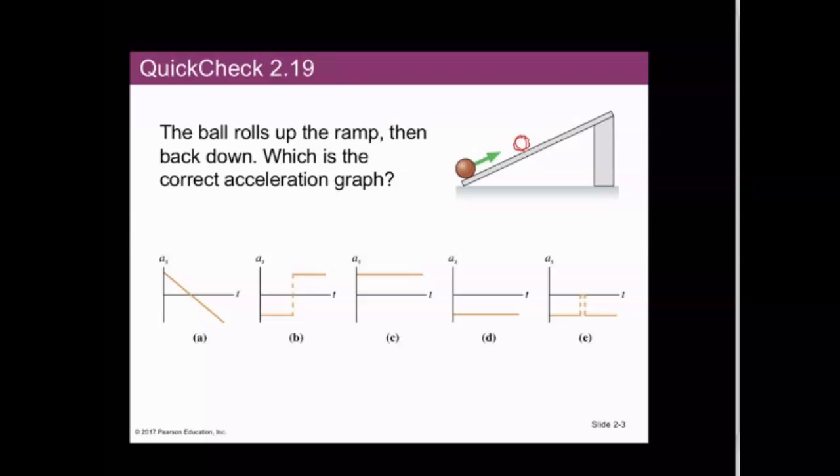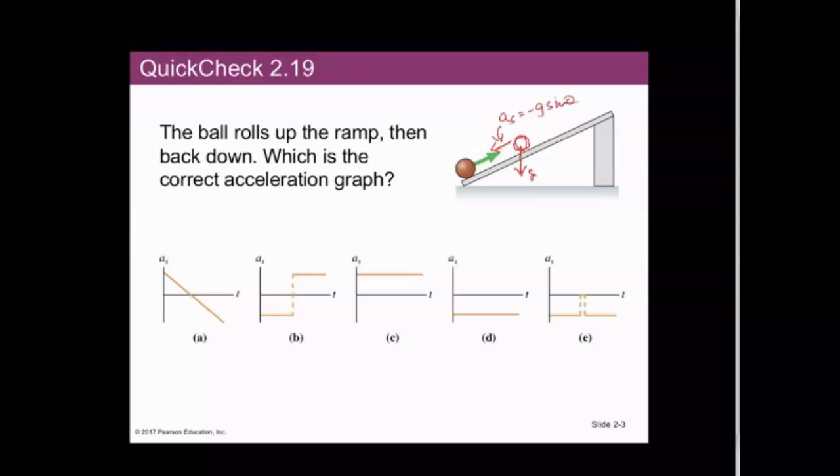the ball feels an acceleration due to gravity, equal to g pointing vertically downward, and has a component that is pointing down the incline, and this acceleration is equal to minus g sine theta.